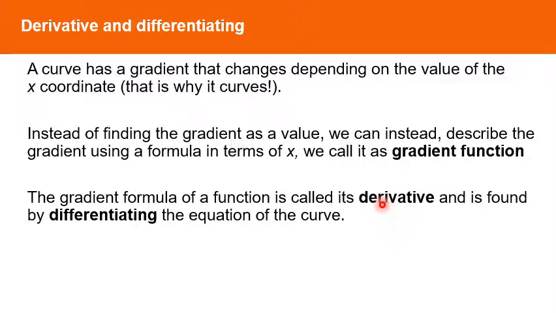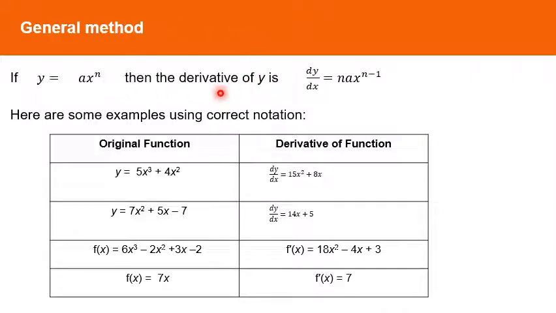Because sometimes when we draw the tangent line, we don't draw it accurately. That's why your gradient will not be an accurate result. That's why we need to use the gradient function, because the gradient function will give the exact value of the gradient.